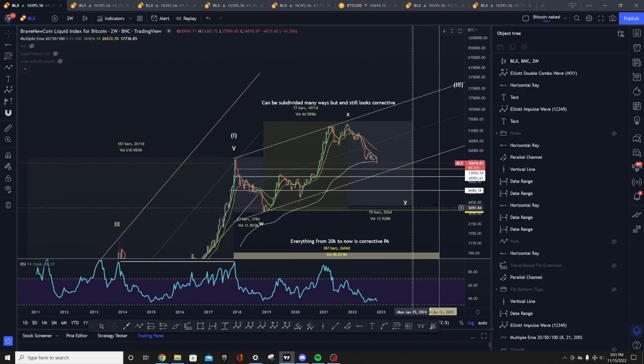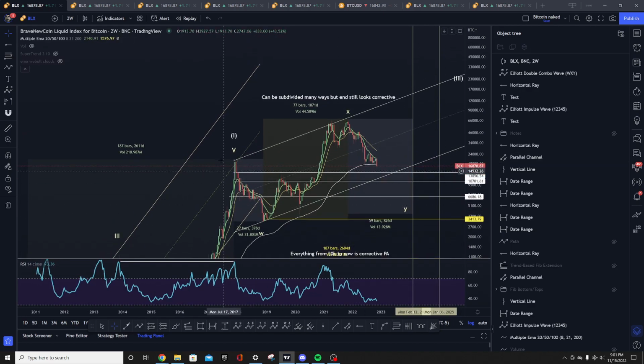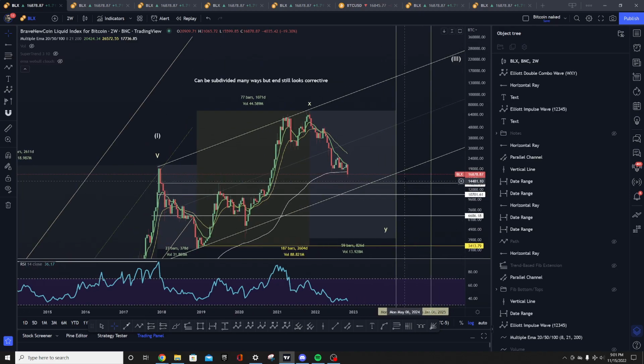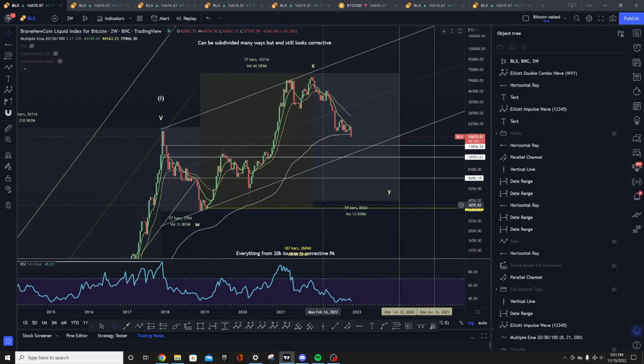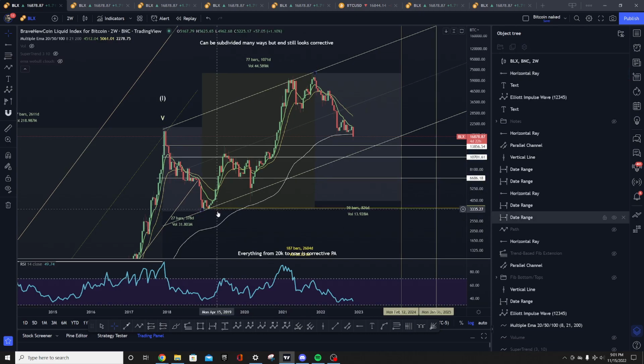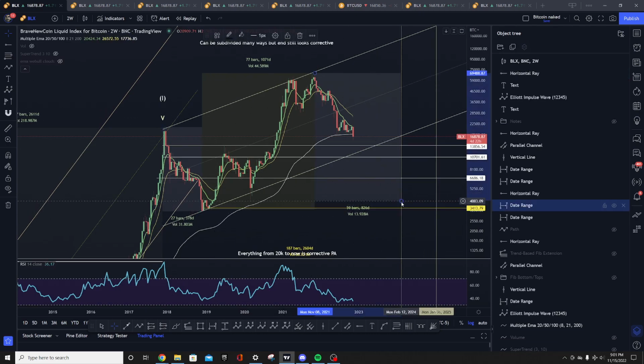So that is my primary. It's either a W, X, and Y, or an A, B, C. Either case, it is interesting to note: if the C leg move was the same length as A, that means the bottom would come in November 21st.